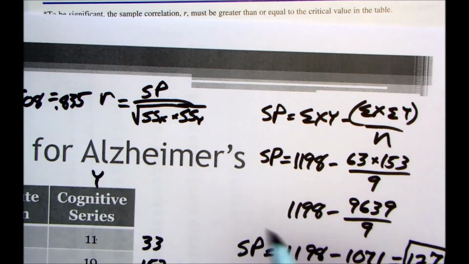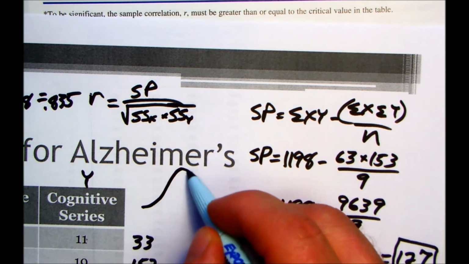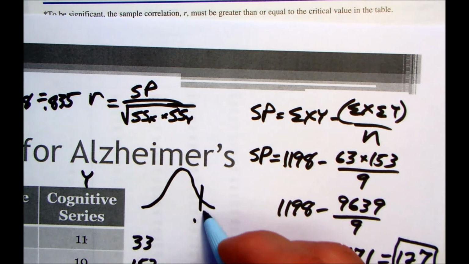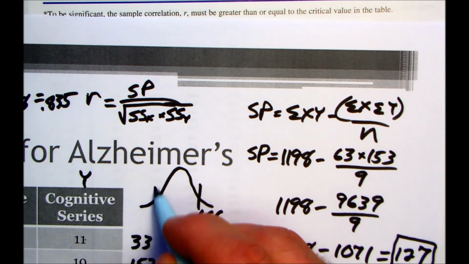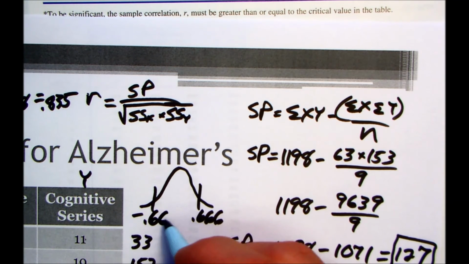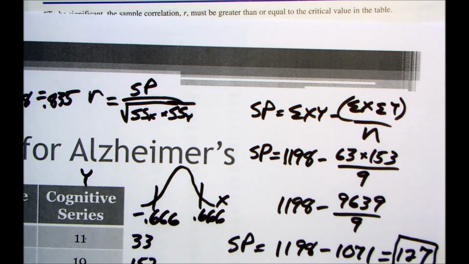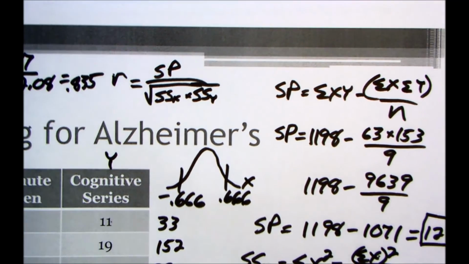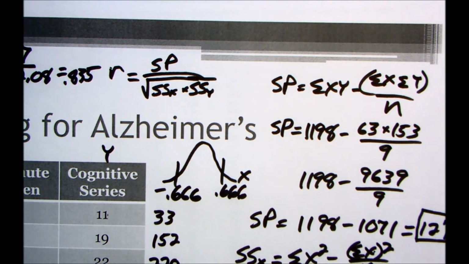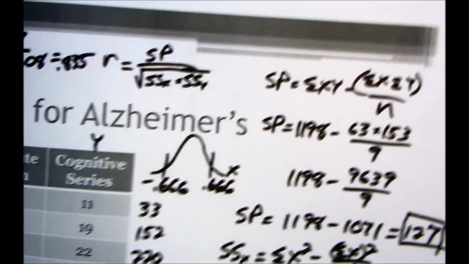I've never seen that cutoff at 0.666. It seems ominous. 0.666, negative 0.666 for us. We're in here. We would certainly reject the null hypothesis and say there's a significant relationship between these two tests. The correlation is statistically significant.